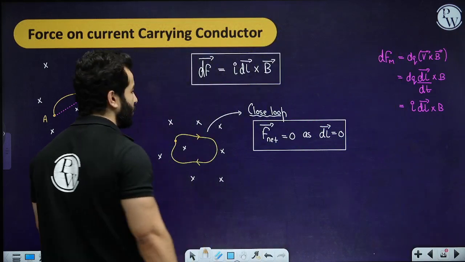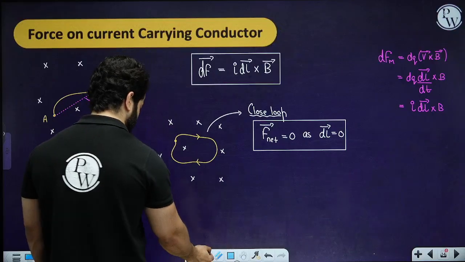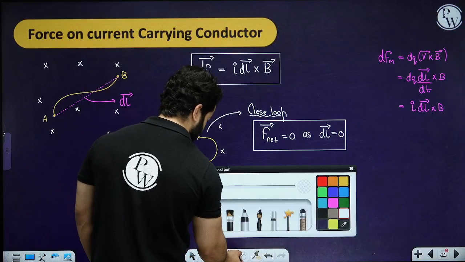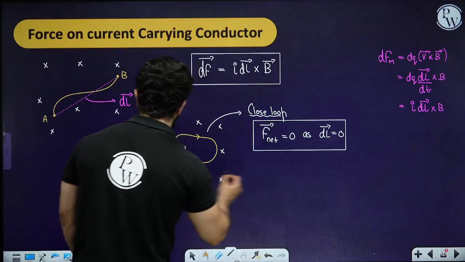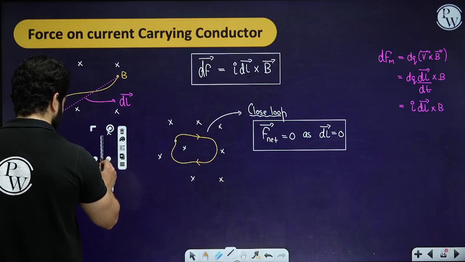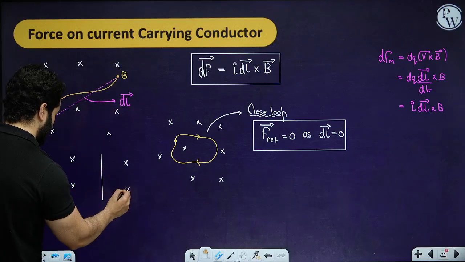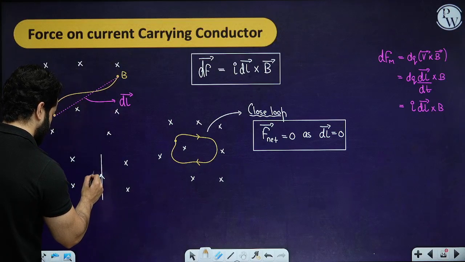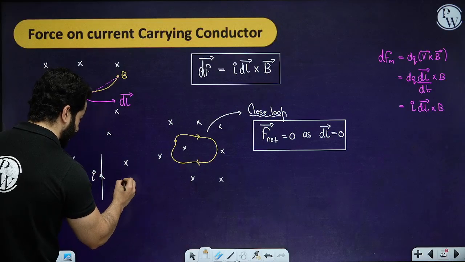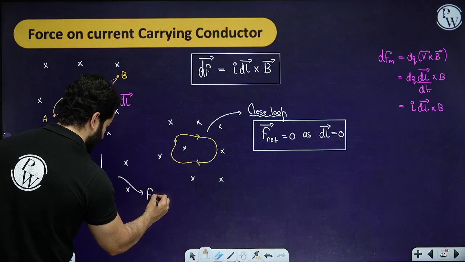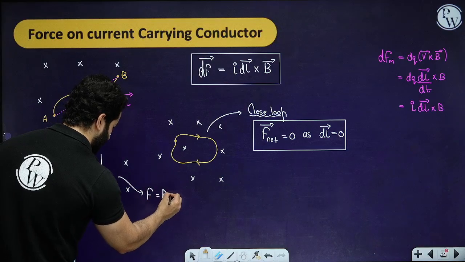And if you have got a straight current carrying conductor kept in a magnetic field, the magnetic force on this wire will be BIL.